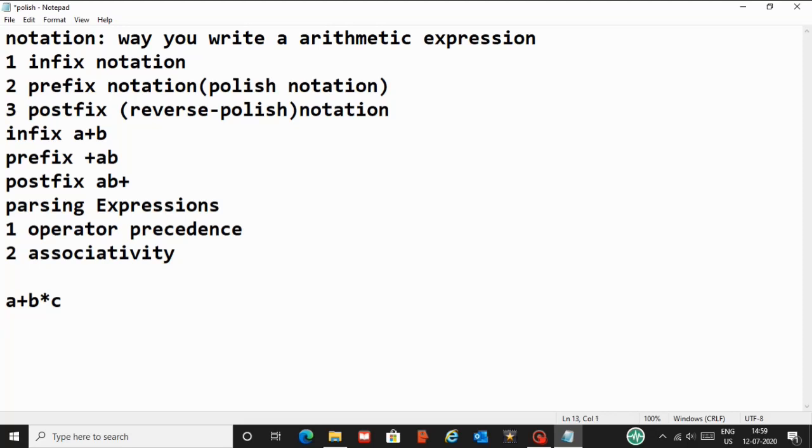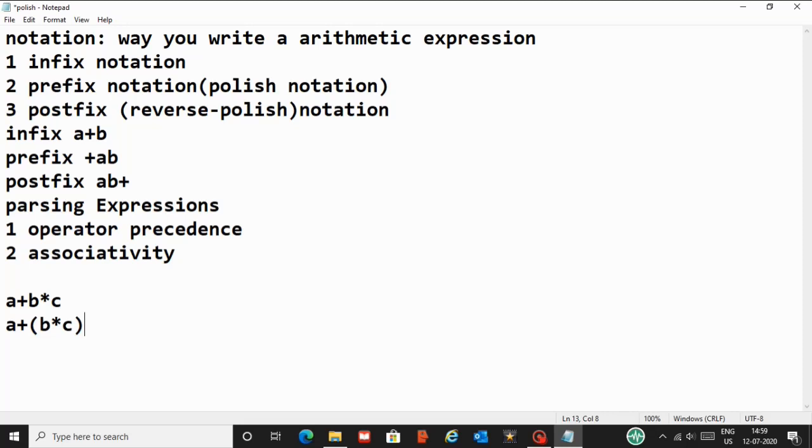So first B star C will happen, and the result of that would be added to A.